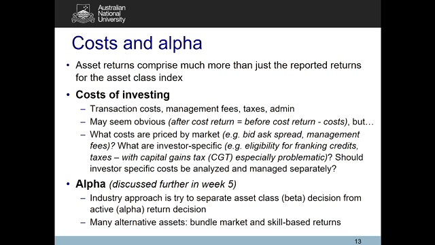So there's a lot of skill involved, but because we don't have good passive direct property alternatives and we don't have very good representative direct property indices, it's really hard to split out how much of the direct property fund's return is due to taking on risk and how much is due to the genuine skill of the manager. So it's an issue with alternative assets in particular because it's hard to separate what's skill and what's risk. I'll go through that a lot more next week.